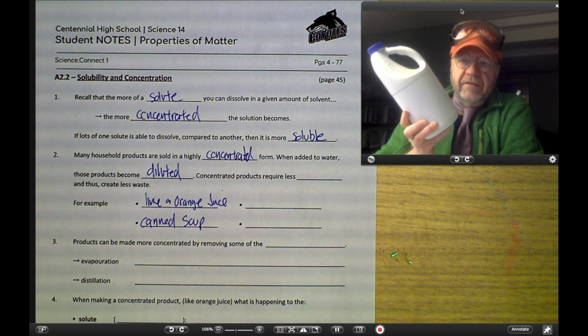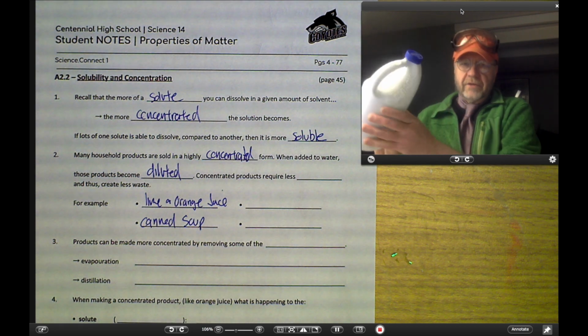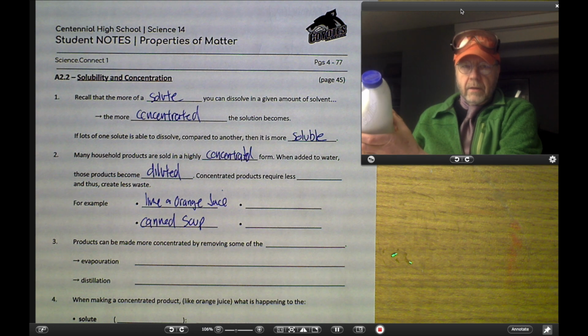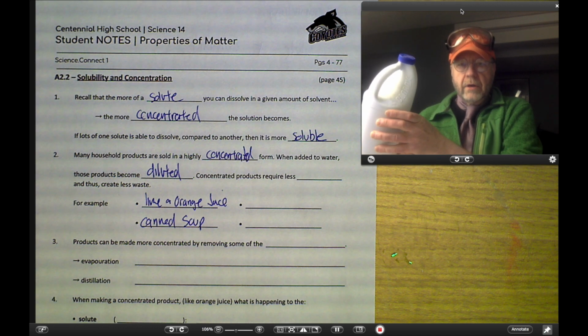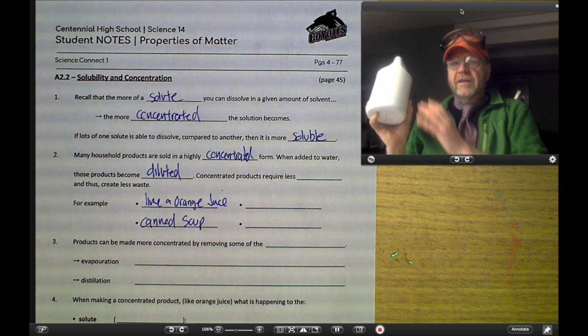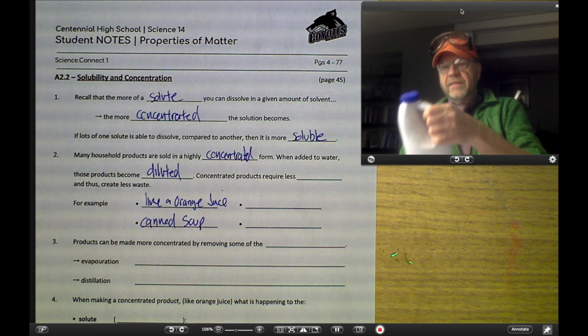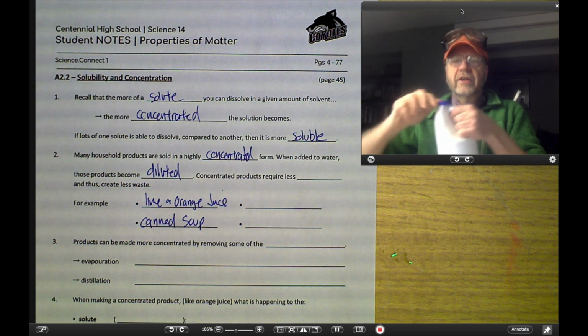All right, what else comes in a highly concentrated form? Everyone's talking about disinfecting stuff. This is Clorox, chlorine bleach, and it comes in a very highly concentrated form.